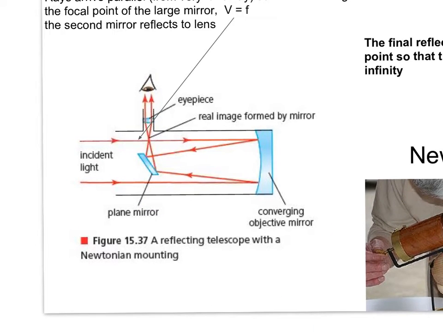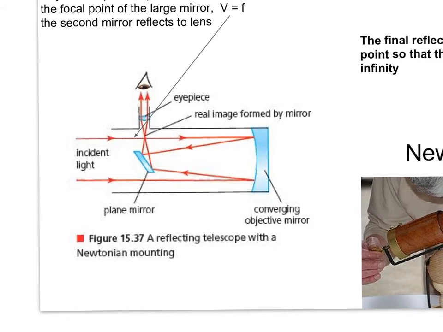Now how do these work? You have a large curved mirror at one end, and the light from very, very far away comes in through the telescope, hits the mirror, and is focused at a point here.